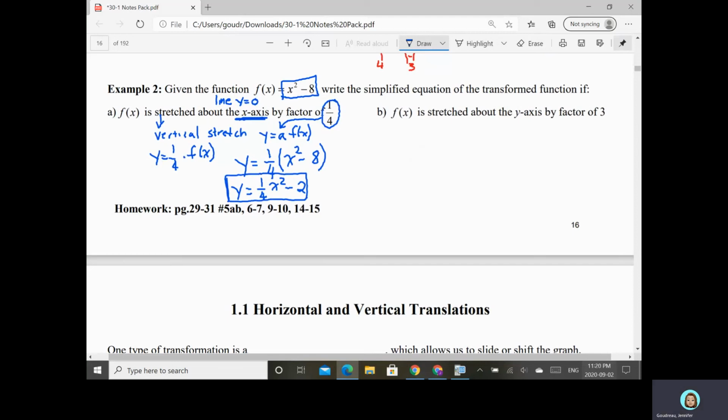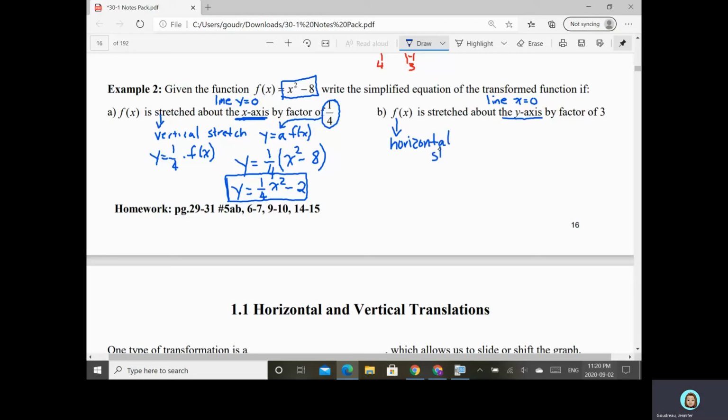For part B, f at x is stretched about the y-axis. And again, I want to reiterate that the y-axis can be described as the line x is equal to 0, so be prepared to see either one of those. If we have a stretch about the line x equals 0 or about the y-axis, that means we are dealing with a horizontal stretch.